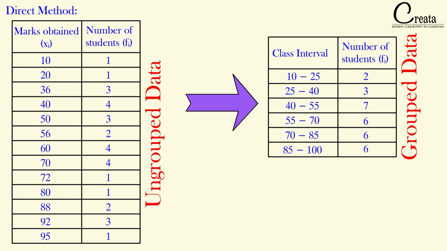Because in the ungrouped data, we have a large number of data, which is very difficult to calculate with. So we have reduced the number of data so that we can reduce the number of calculations. This will help us to do the calculation more easily and in a simpler form. That's why we have converted the ungrouped data to the grouped form.